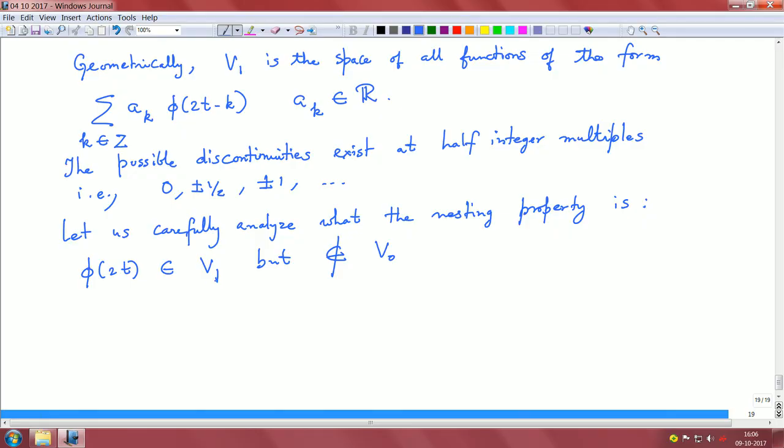Okay. So phi of 2t belongs to V1 but does not belong to V0, since phi of 2t is discontinuous at t equals half. If you think about it in the form of sets for these discontinuities, I think it is much easier to picture this way.